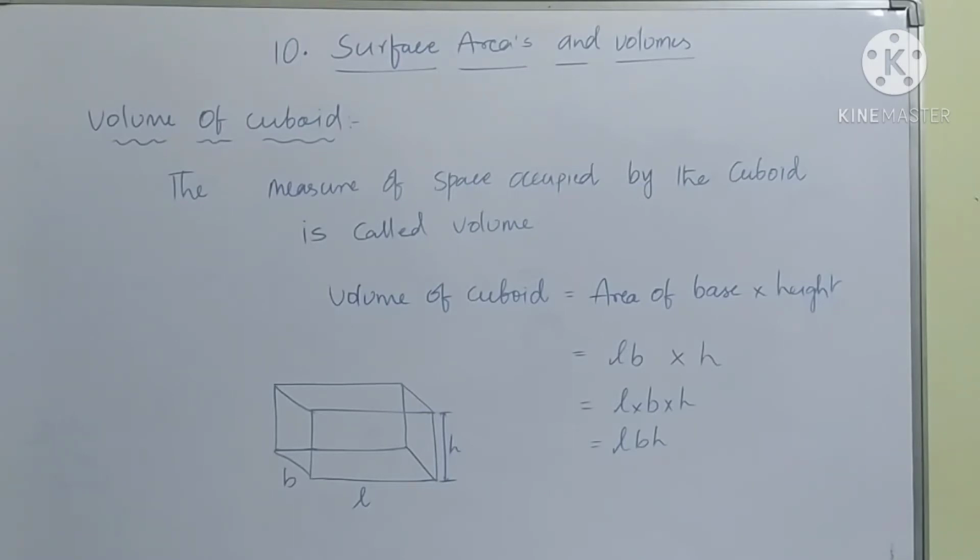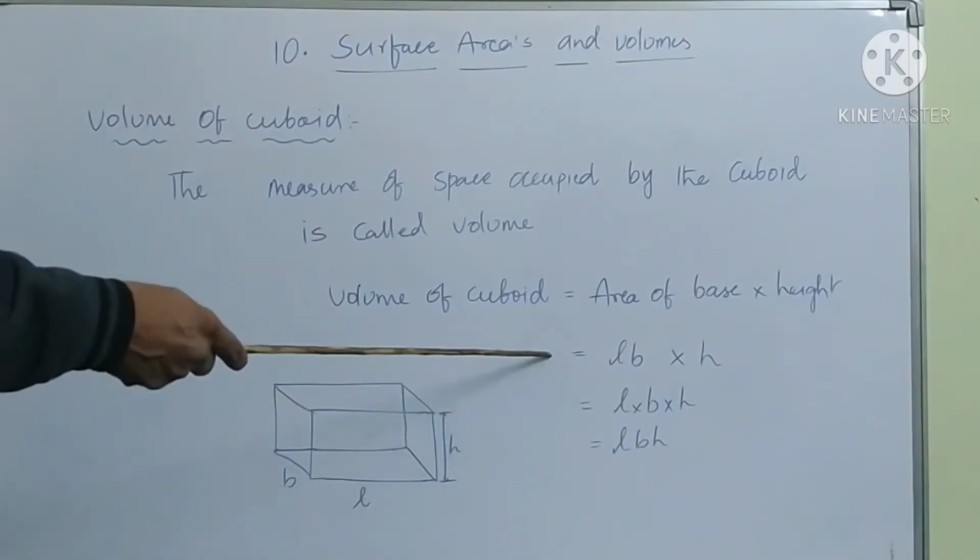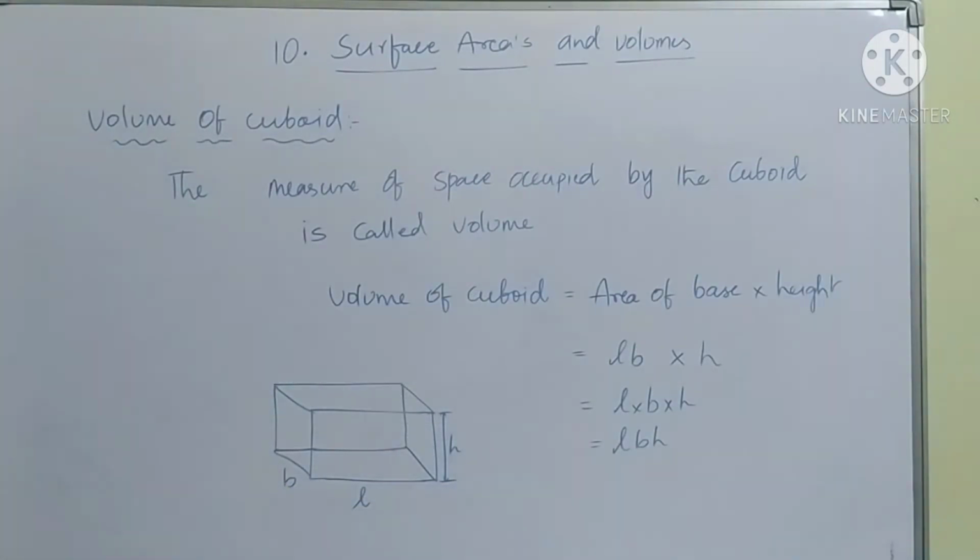This is the cuboid, breadth is B, length is L and height is H. So volume of cuboid is equal to area of base into height. Here area of base is L into B. Into height H. So total product is L into B into H, that is equal to LBH.